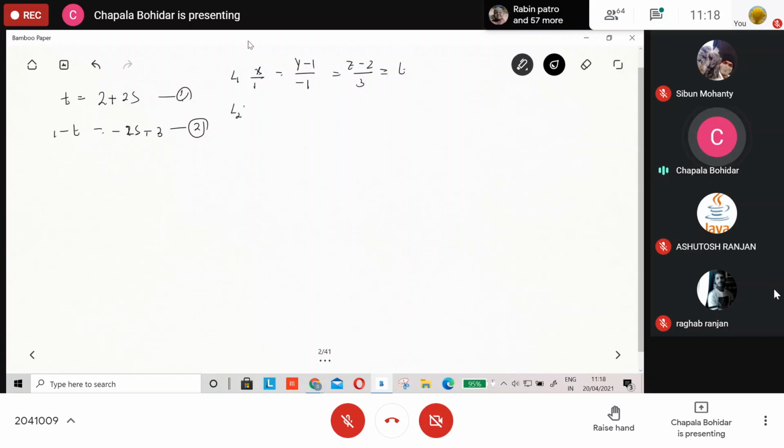And L2 is (x minus 2)/2 = (y minus 3)/(minus 2) = z/7 = s. So what do you get? From this, x is equal to t, y is equal to 1 minus t, and z is equal to 2 plus 3t.